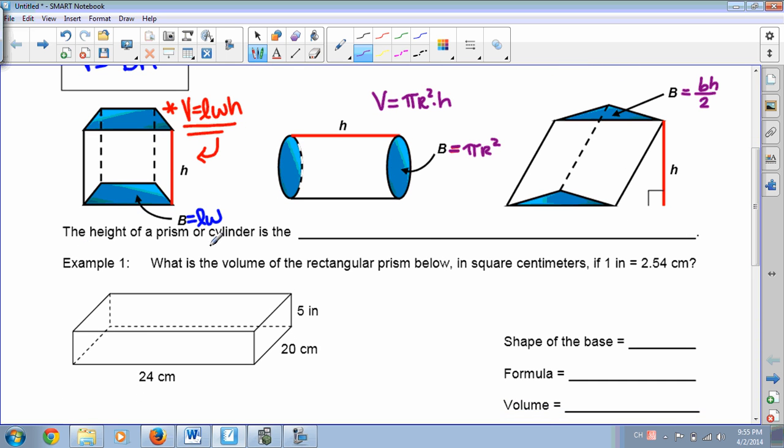Okay, the height of a prism or a cylinder always, always, always has to be perpendicular. It's the perpendicular distance from the base to the base.